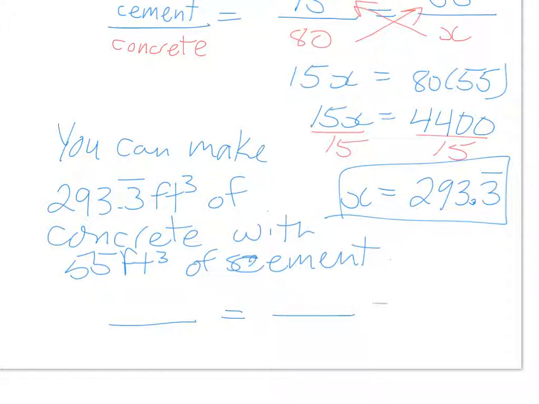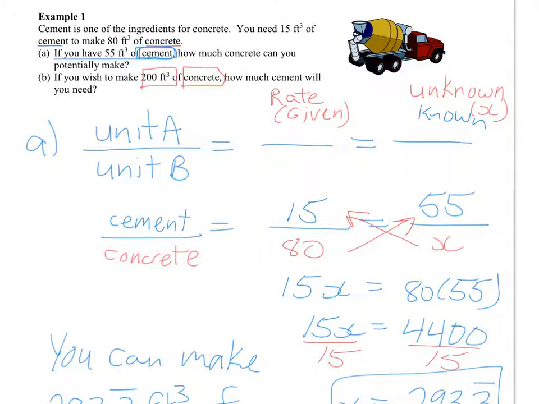Line equals, boom. And we said cement is here and concrete was here. And our rate doesn't change from the question. If you look up here, the rate that they give us was 15 to 80. So that's going to stay the same, okay?